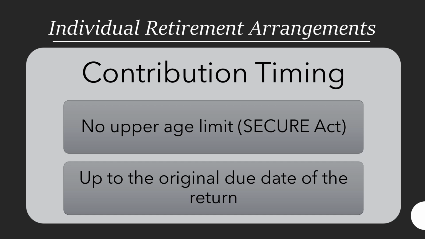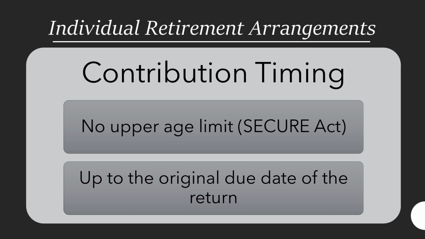And then the taxpayer has up to the original due date of the return. So even if December 31st has passed and they haven't made a retirement contribution, but they intend to make a contribution before the due date of the return, so April 18th for this year, then they would be able to deduct that on their return.